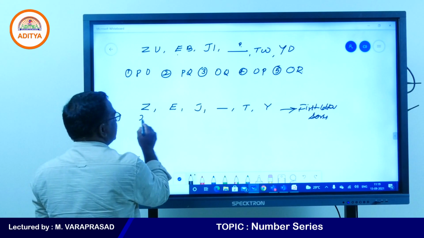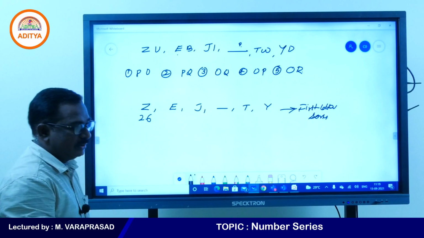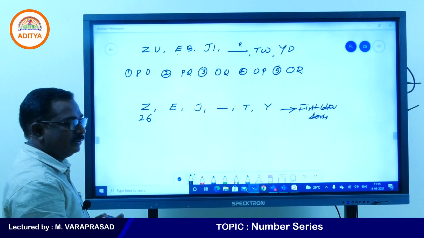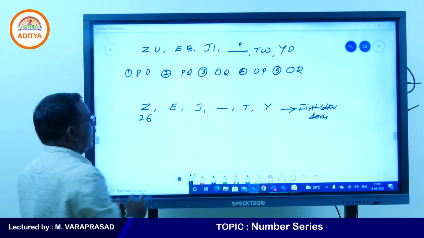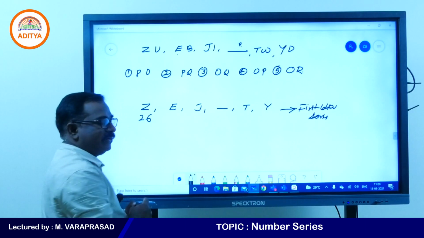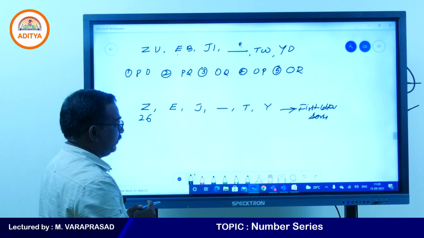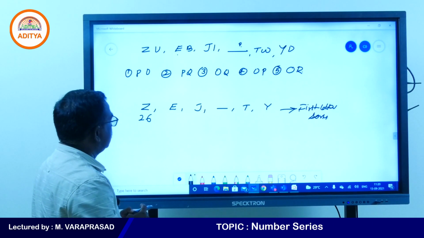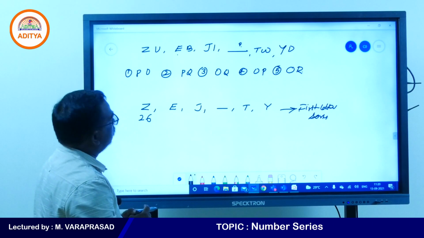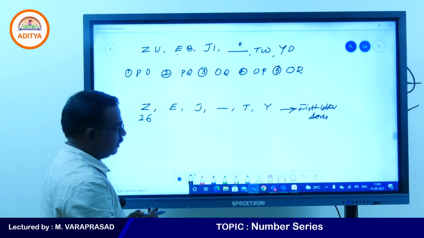This is the 26th letter, or we can take 26th letter, and this one is E, which means we can take the 5th letter, or we can take 26 plus 5, the 31st letter. Now Z, E, J, T and question mark.